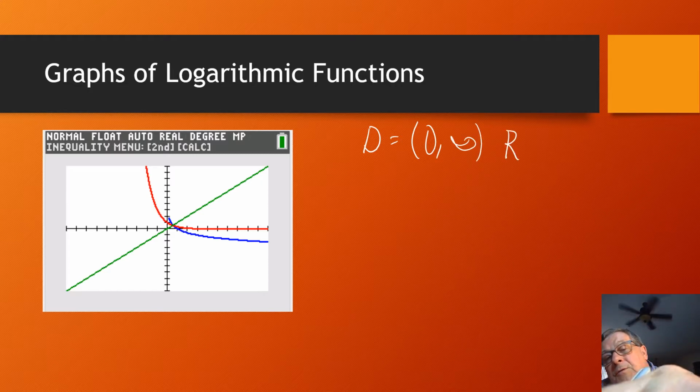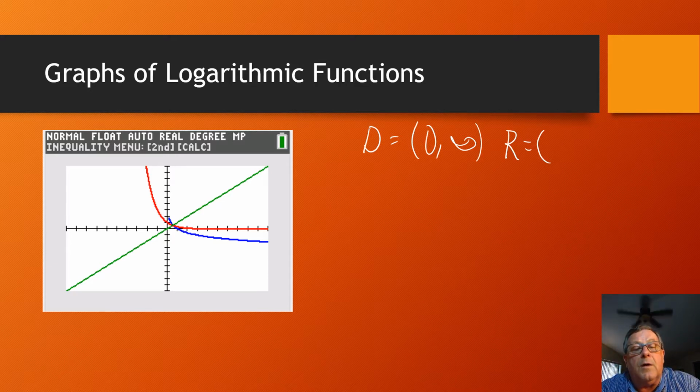And my range, what about my range? Well, let's go out to negative infinity out here to the right. It's going to come all the way up the y-axis, but never cross it.